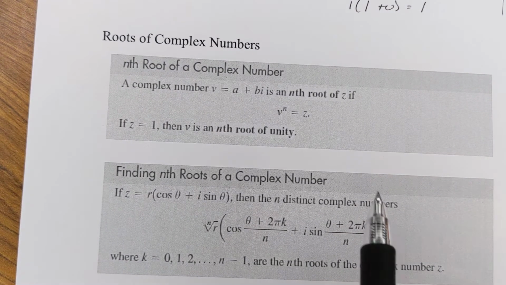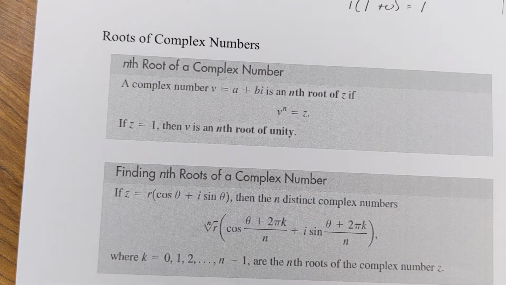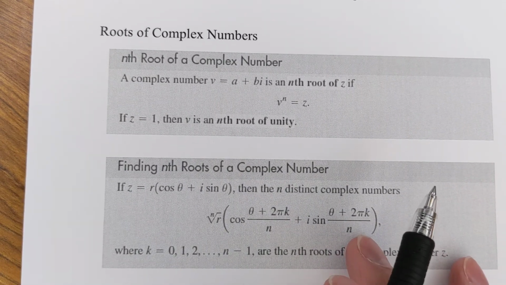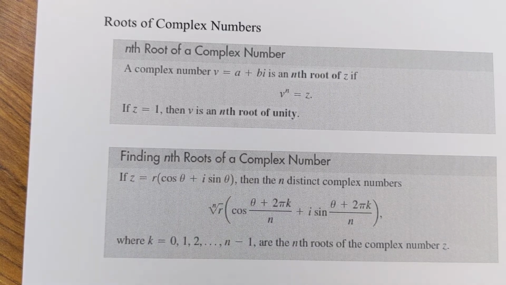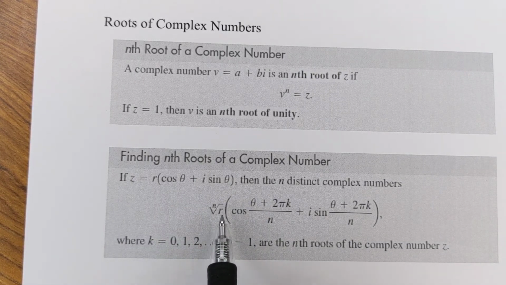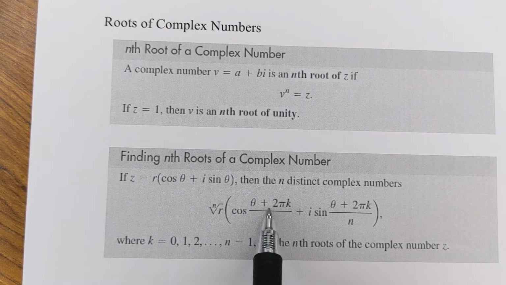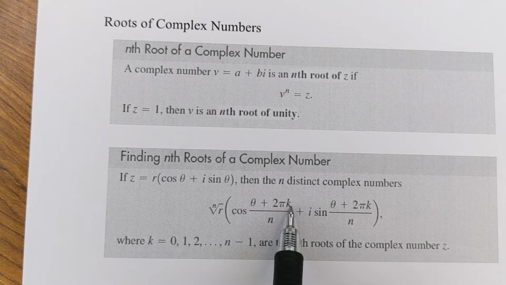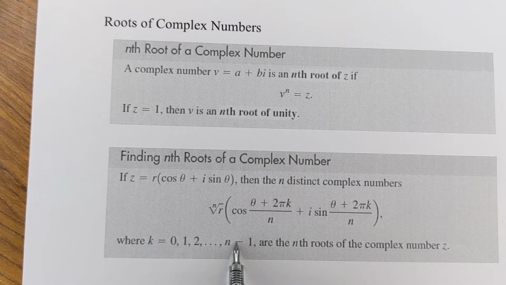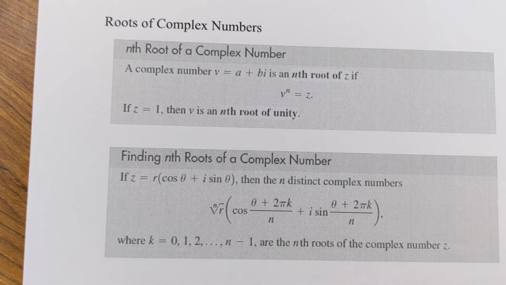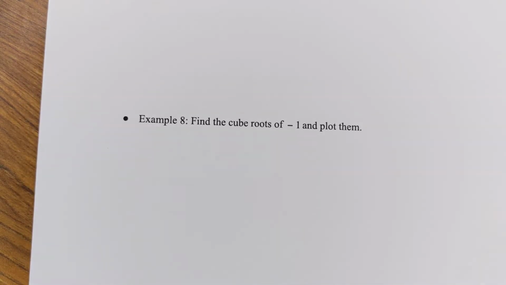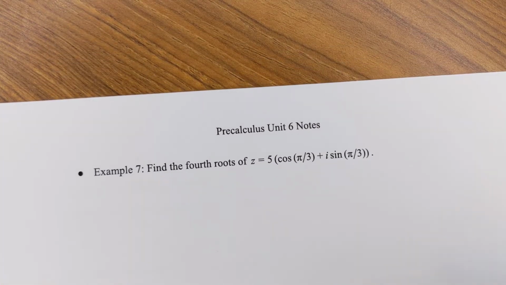You can also do it to your roots, because remember, a root is just a fractional exponent, except you have more than one of them. So here's how you find the nth roots of complex numbers. So the nth root of r. Now, you have this 2 pi k term where k starts at 0 and counts up to 1 less than your root. So if you're doing the 4th root, you do k equals 0, 1, 2, 3. And then you work them out individually. So let's see here. Find the 4th roots of this.